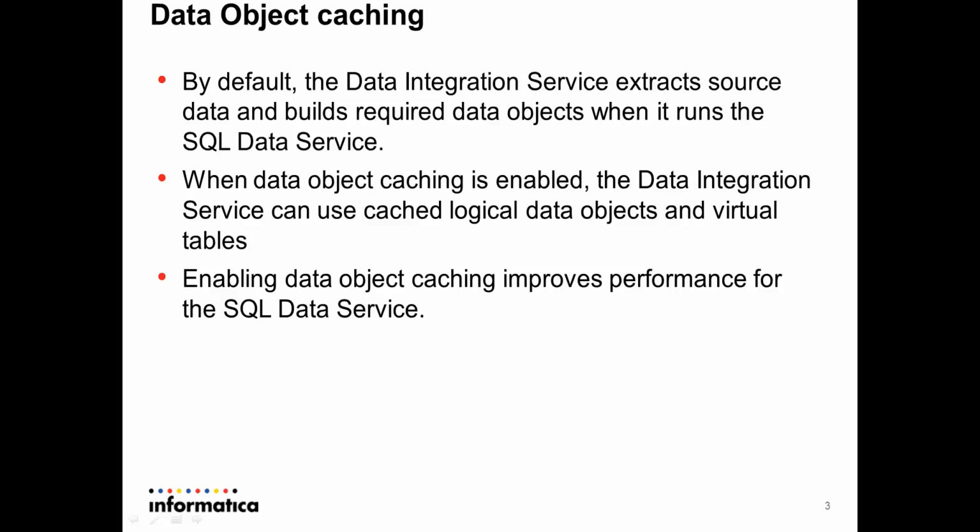The data object caching can be enabled at the logical data object or at the virtual table level, and when the object caching is enabled, the data integration service reads the data from these cached objects. Enabling the data object caching improves the performance for the SQL Data Service, thus helping to bring back the data faster than when the caching is not enabled.